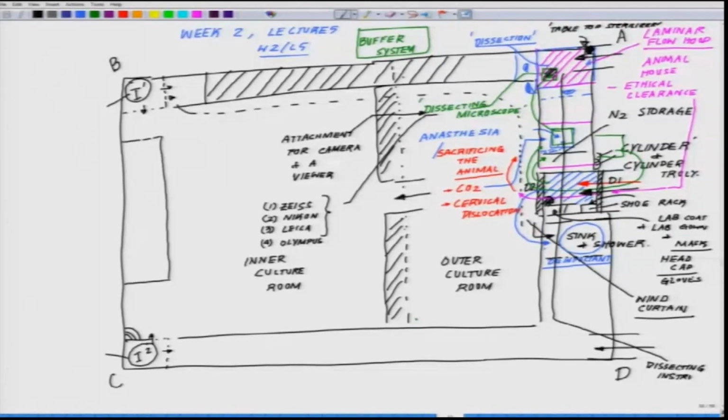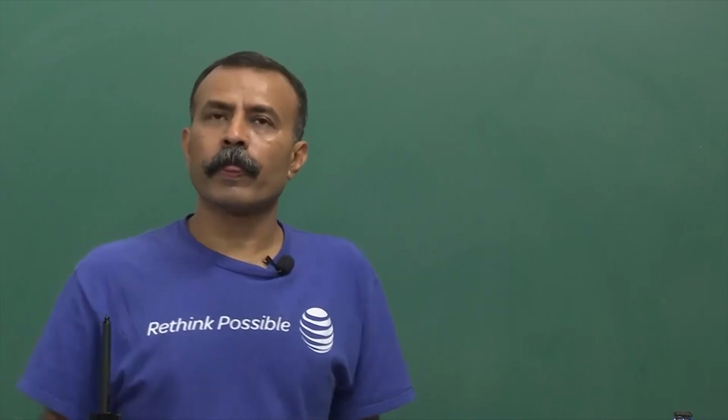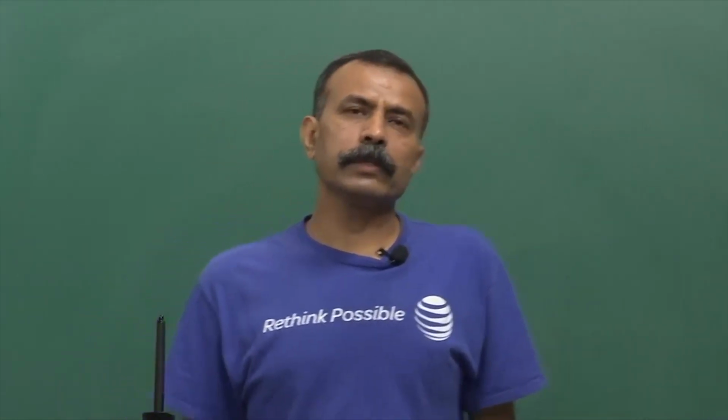So, be careful about the dissecting instruments. Again, a tool which you will be using very frequently if you are a primary cell culture lab. So, try to get the best quality of it. There are global companies which are really good, like Fine Science Tools.